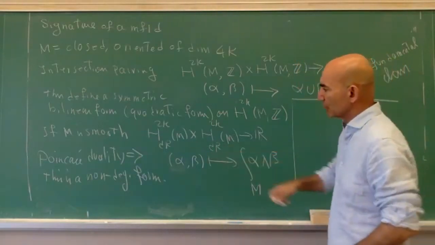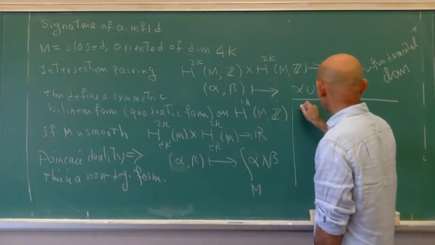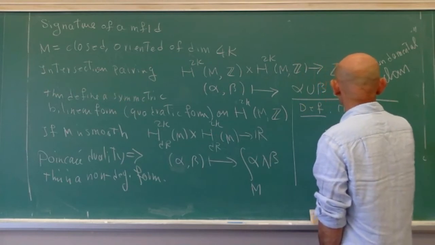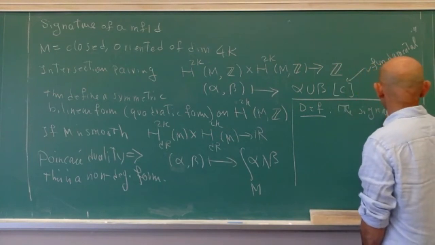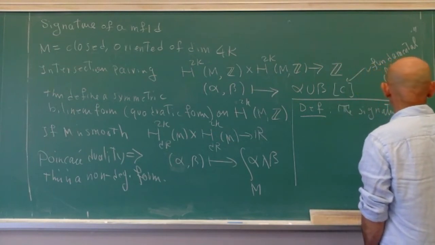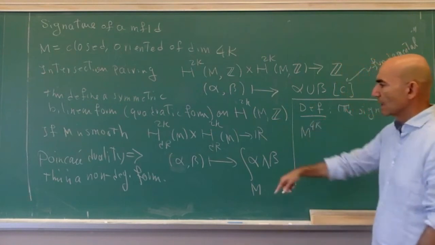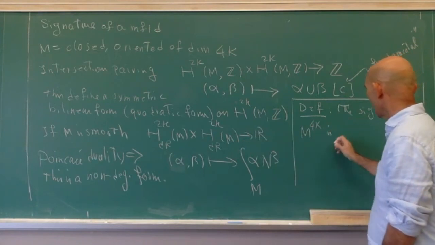So, the signature. I didn't give a notation for this form, so, definition then. The signature of M is the signature of this non-degenerate form.